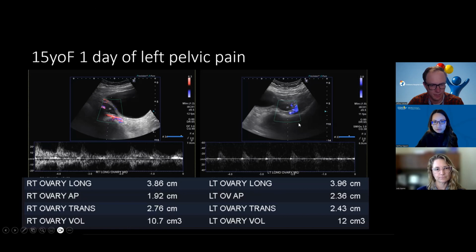So the left ovary also has flow, which is fine because that doesn't really make it torsion or not torsion. But what you should notice is that it was tough to get the flow. The sonographer actually had to drop the scale down, use SMI or superb microvascular imaging, and then was barely able to get a waveform. And here the waveform is actually high resistance, whereas compared to the right, there is no flow during diastole.